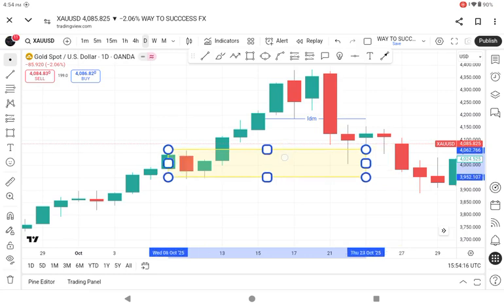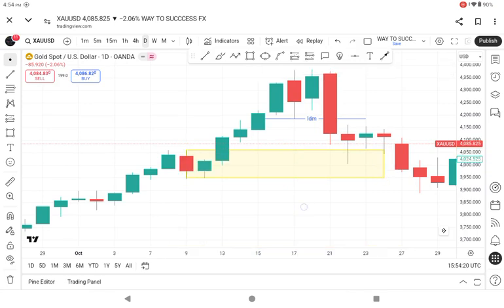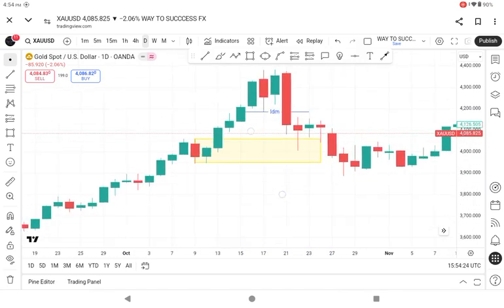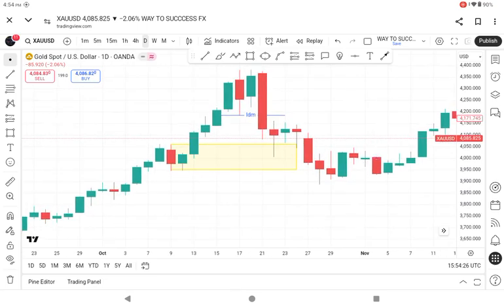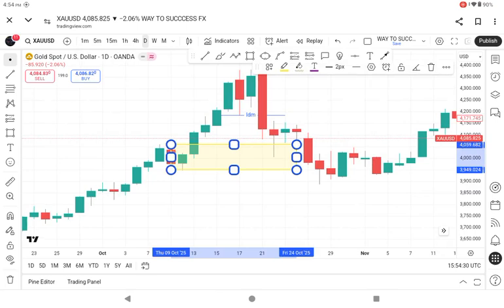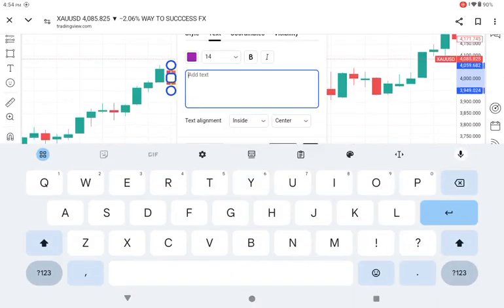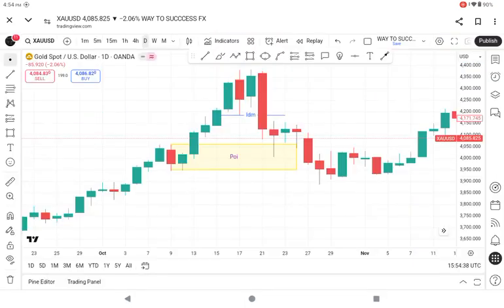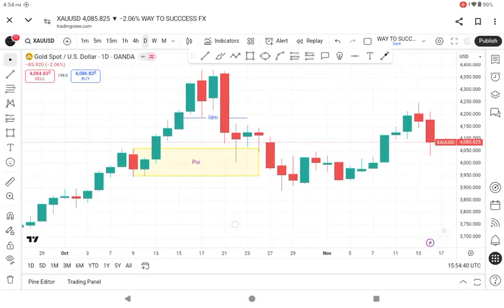I will only be marking the last red candle before the upward movement. So as you can see here, this is my POI, the point of interest where I am looking to buy in daily.